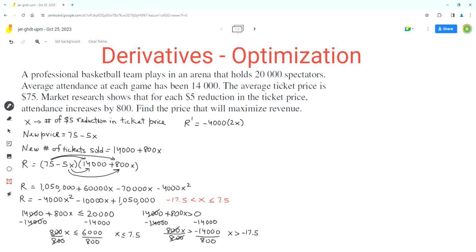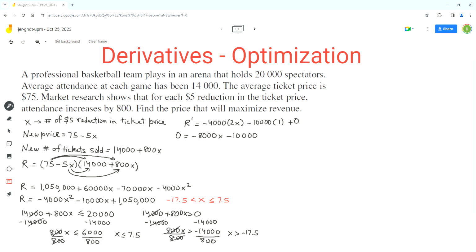In the second term negative 10,000 is the coefficient, so it will stay the same and the derivative of x is 1, and 1,050,000 is a constant, so its derivative is equal to 0. Now we can set the derivative equal to 0, so 0 equals negative 4,000 times 2, which is negative 8,000x, and then minus 10,000.